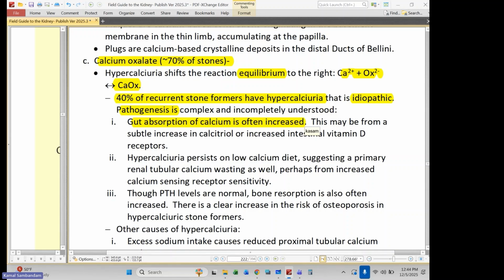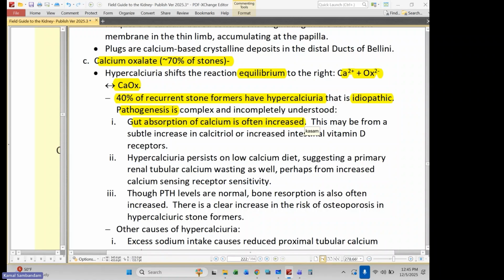So there are all these little sort of interesting discoveries around what we've previously called idiopathic hypercalciuria. Okay, so some people might have, for instance, a variant in the vitamin D receptor, right, or vitamin D or 1-alpha hydroxylase, right, the vitamin D synthetic enzyme, right?